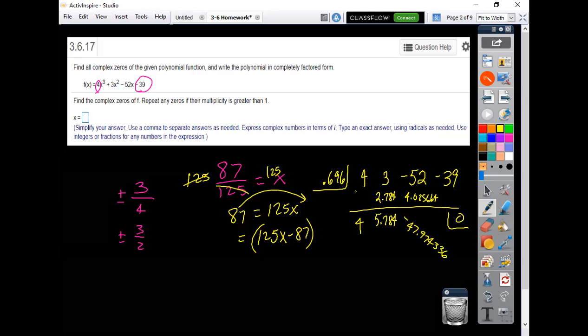Now I'm going to multiply that times the 0.696. Hopefully that's a positive 39.